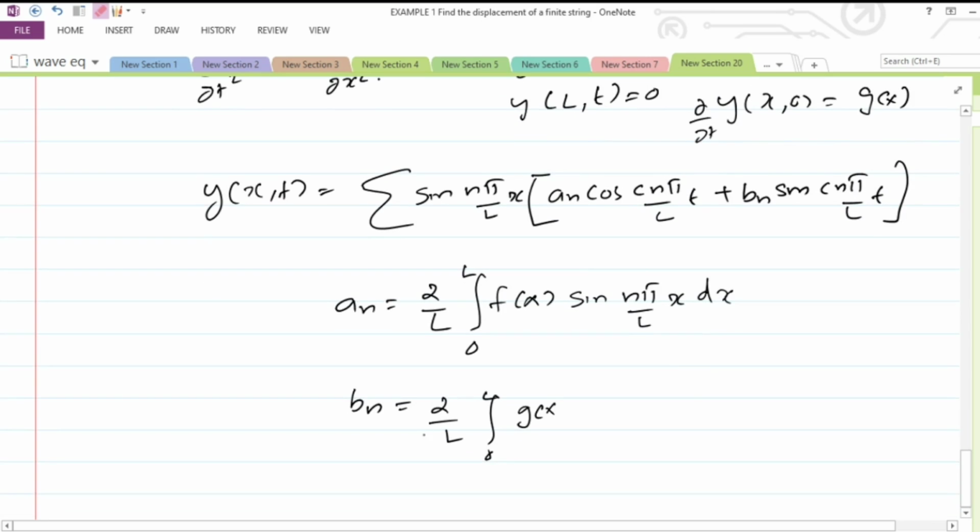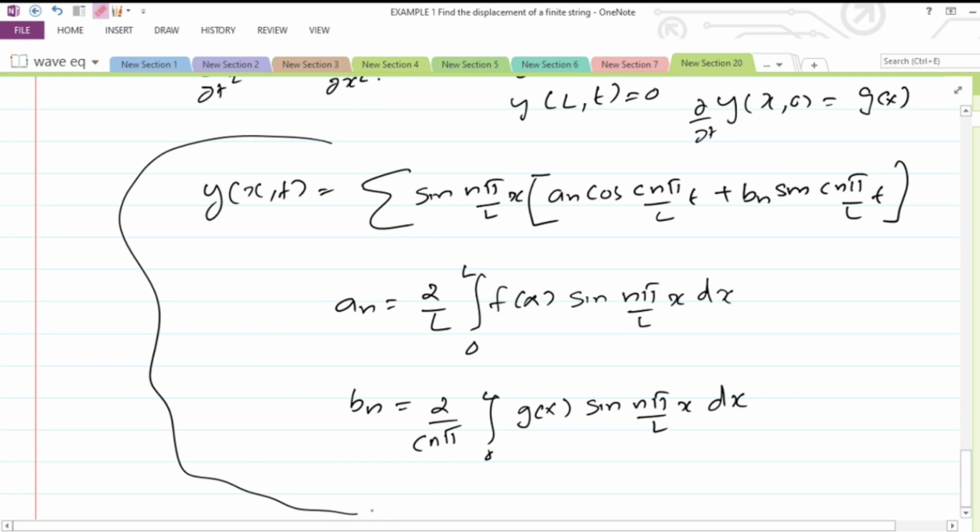I made a mistake here, it is c n pi. Okay, clearly write this: where bn is equal to 2 by c n pi into the integral from 0 to l of g of x into sine n pi x by l dx.